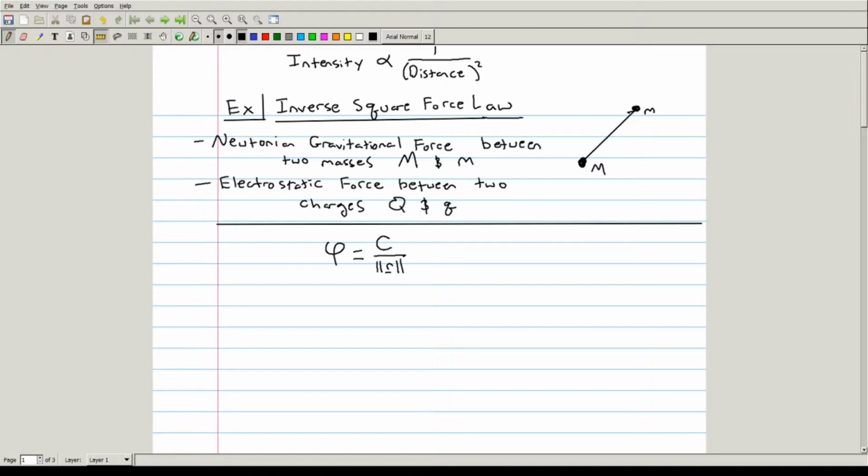then r, the displacement vector between M and m, is just this r right here. It's the same exact picture for the electrostatic force. But this constant c right here changes depending on whether we're dealing with the electrostatic case or the gravitational case.